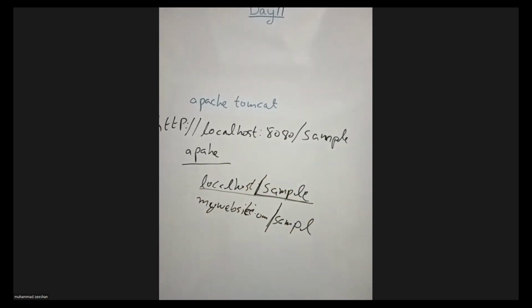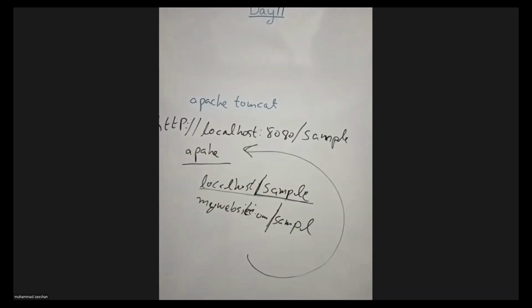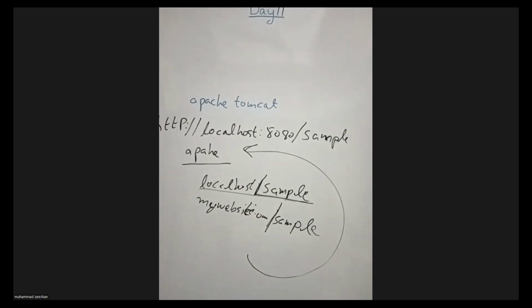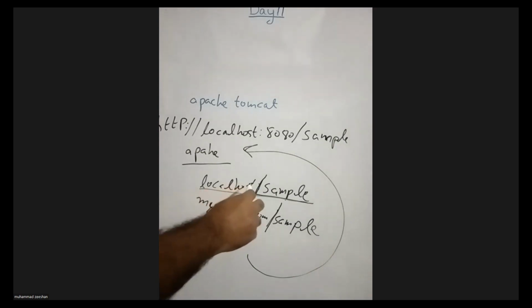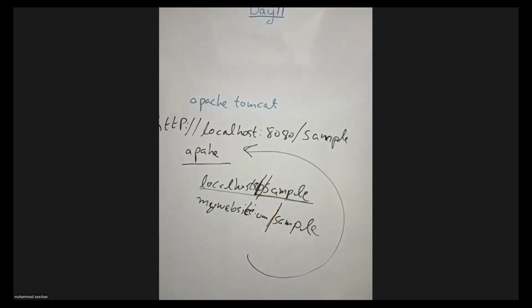If the word sample is coming in your configuration, you will redirect or proxy the whole request to this Tomcat server. Right? Yep. If something is coming on localhost/sample, and we know that Apache is natively running on port 80, so if the port is 80 and it is coming on the word sample, it will automatically take you to localhost port 8080.